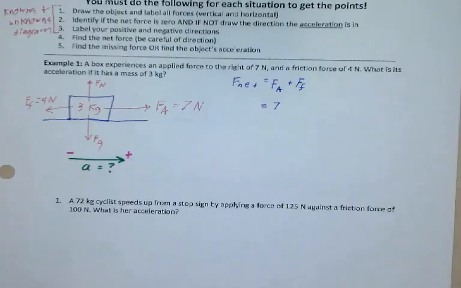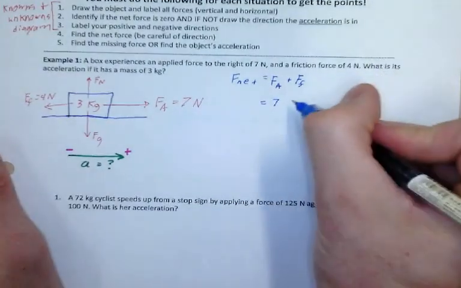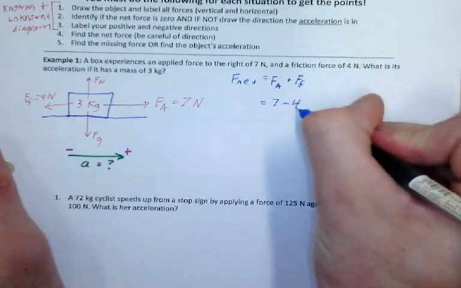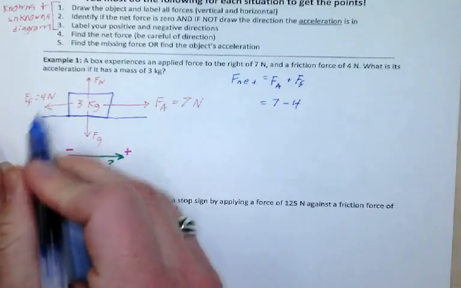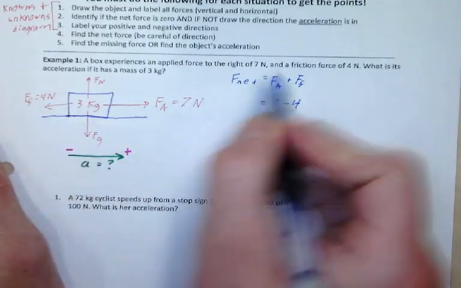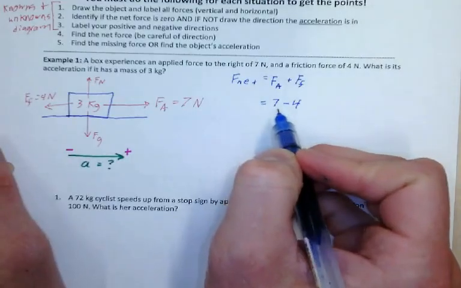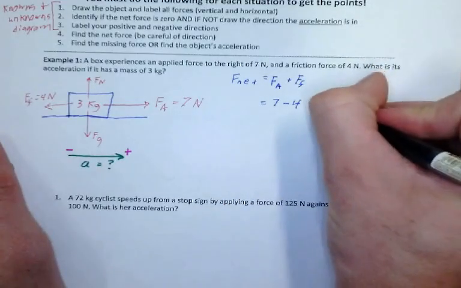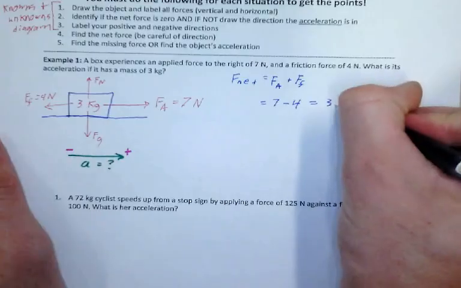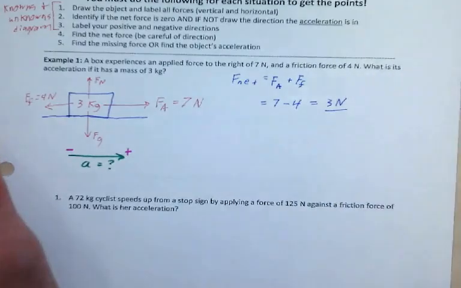So instead of adding it, I'm going to subtract it because it's taking away, it's not adding to. I just write minus 4 here. The reason it's negative is because it's in the negative direction. So I just subtract it instead of adding a negative. It's the same either way. That gives me the net force to be 3 newtons. All right, so there's my net force.